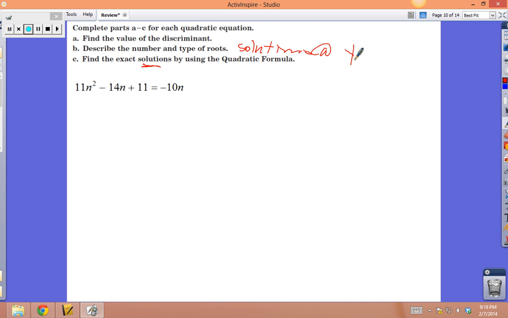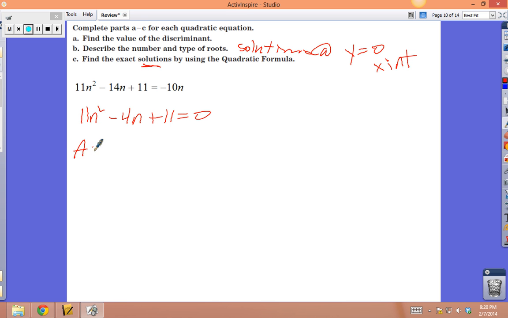At y equals 0, they're the x-intercepts. So let's get it in standard form. Let's move these 10 n's over. So it's going to give us 11n squared minus 4n plus 11 is 0.